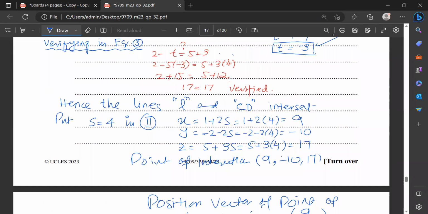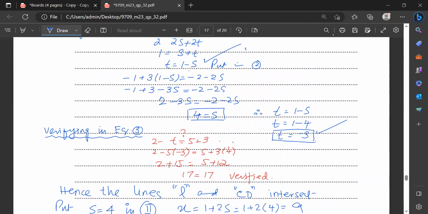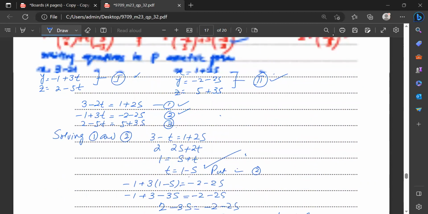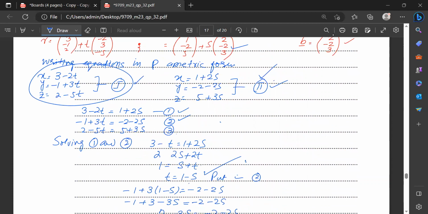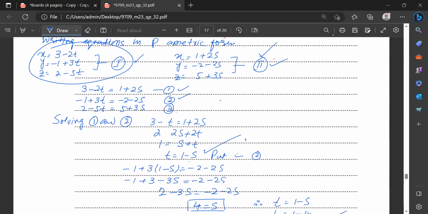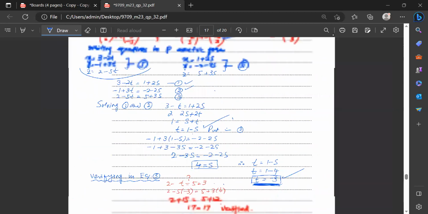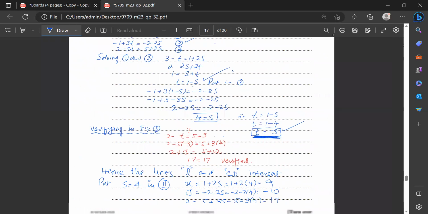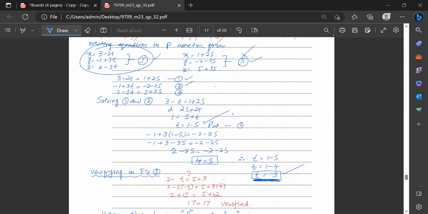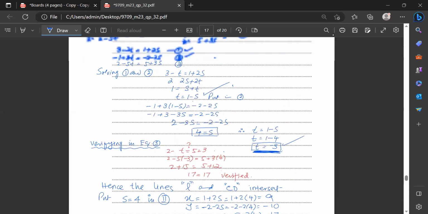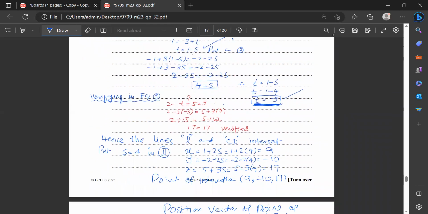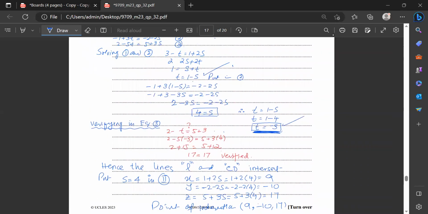Okay, you can verify this answer: instead of using s, if you use the value of t in this set of equations, you will find the same values. x: 3 minus 2 into minus 3, so the answer is the same, 9. Then minus 1 plus 3t is minus 10. 2 minus 5t is 17, so the same. So you can verify your answer.